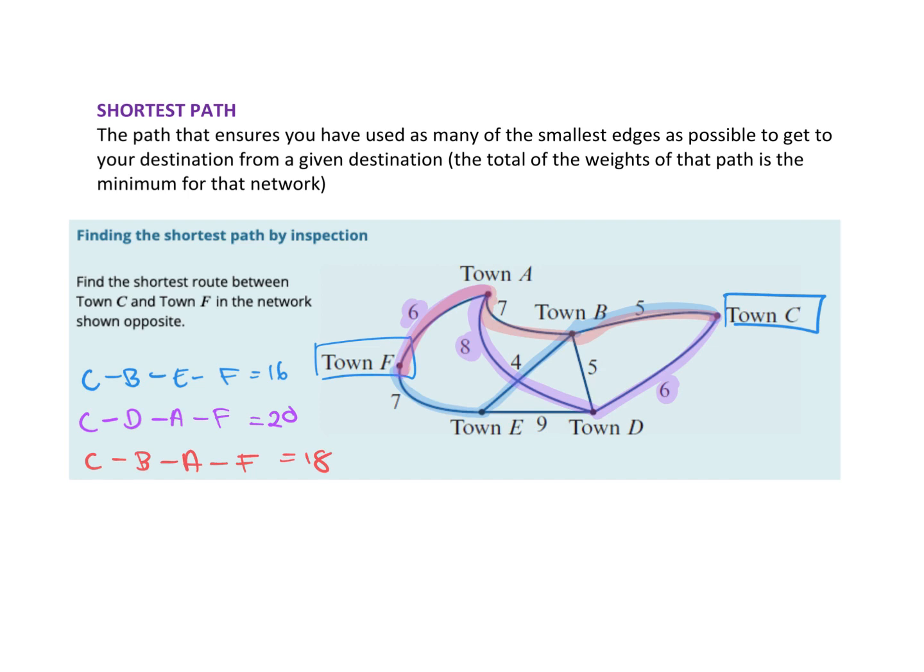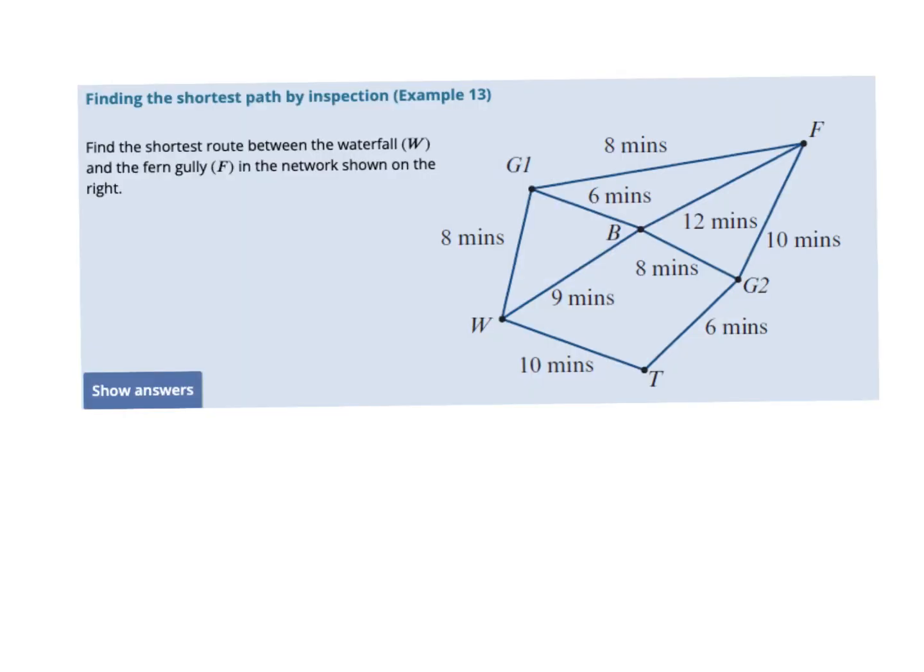So you can do it by inspection, but when you've got lots and lots of paths, it can be a little bit time consuming, and you might accidentally not see it. So there is a method to help you find the shortest path. We're going to look at this example: find the shortest path between the waterfall and the fern gully in this network.